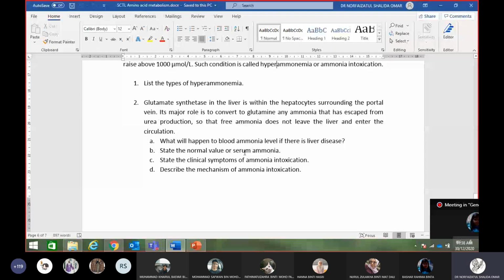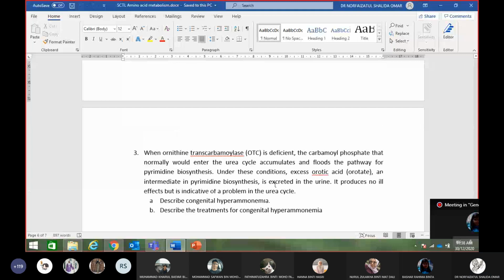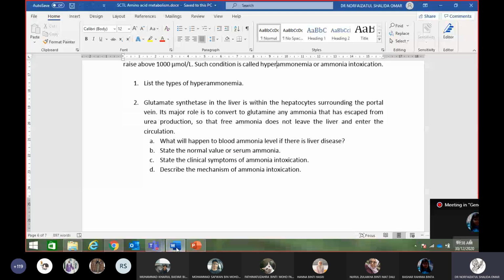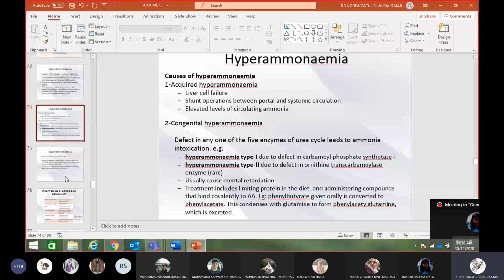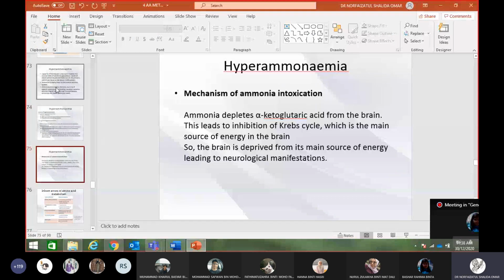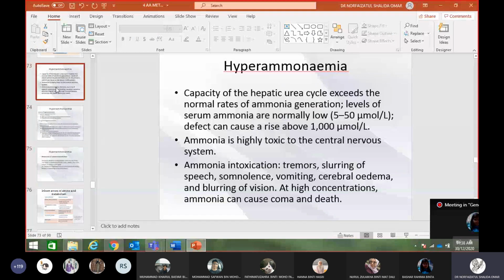The question asks to state the normal value, state clinical symptoms, and describe the mechanism of ammonia intoxication. The normal value is between 5 to 50 micromole, whereas in hyperammonemia it can increase up to 1000 micromole.